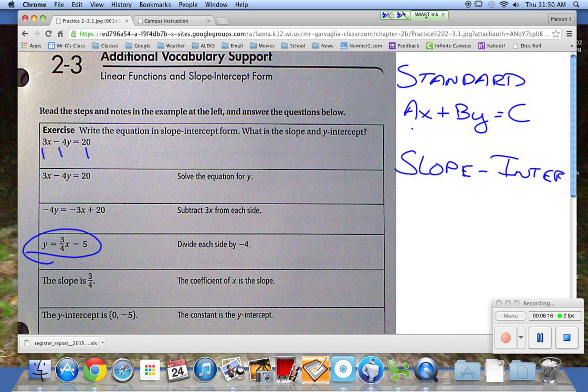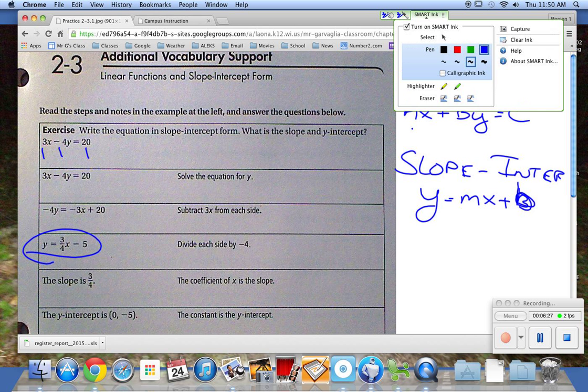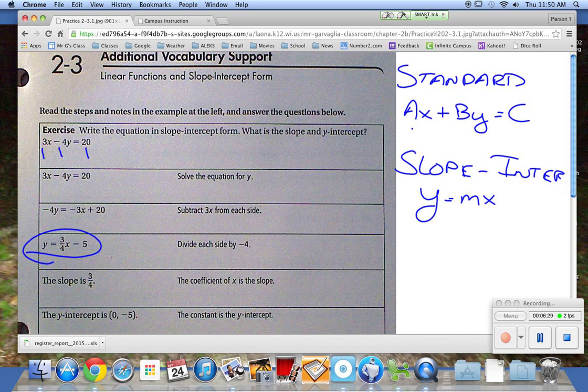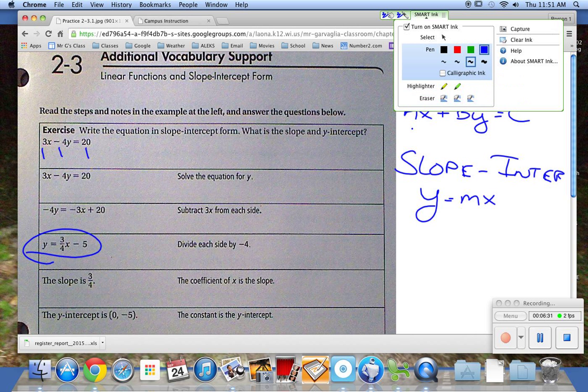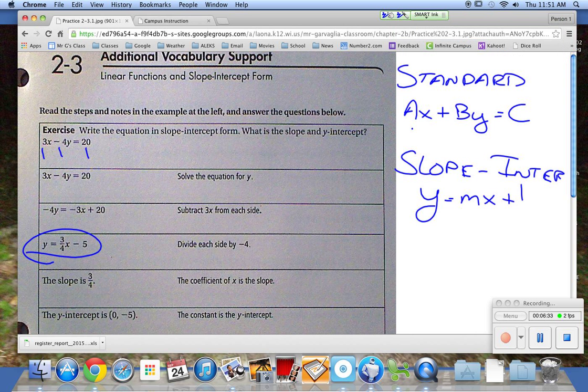And my slope-intercept is y equals mx plus b. Okay? Which in this case here, 3/4 is my slope, and my negative 5 is my y-intercept. All right?